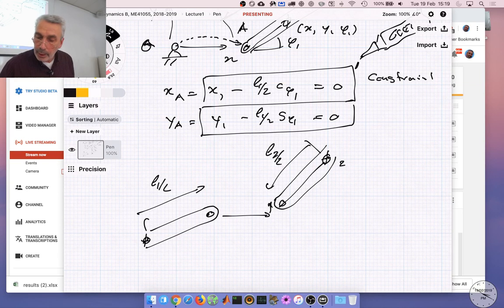So this is like a delta x at B, and this is like a delta y at B. We can calculate the position of point B starting from body 1, and you can also start from body 2 and go back. And they should be identical.